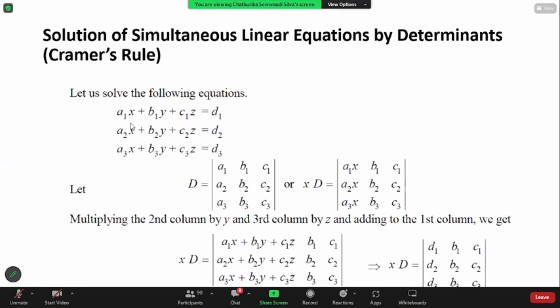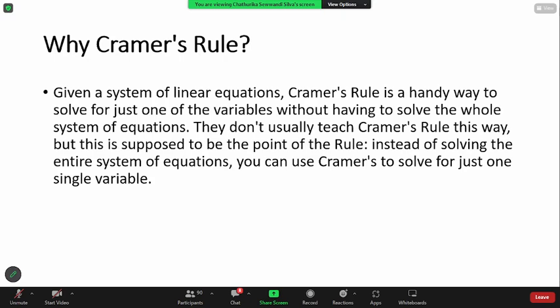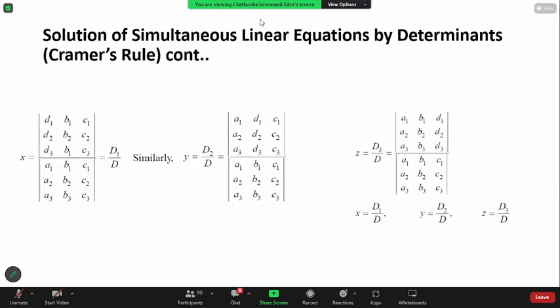This is the original matrix made from the coefficients of the simultaneous equations. So you need to find the determinant of that original matrix, which is here. The determinant of the original matrix you build always goes as the denominator.